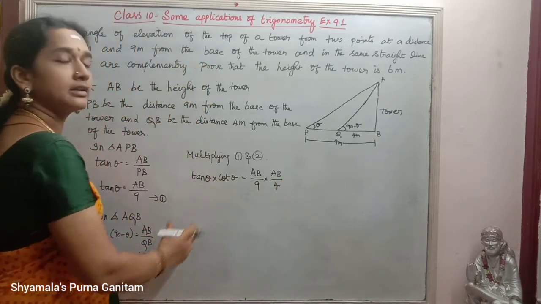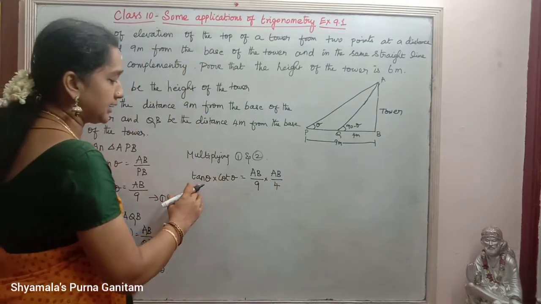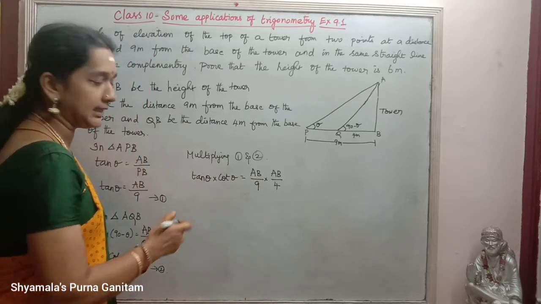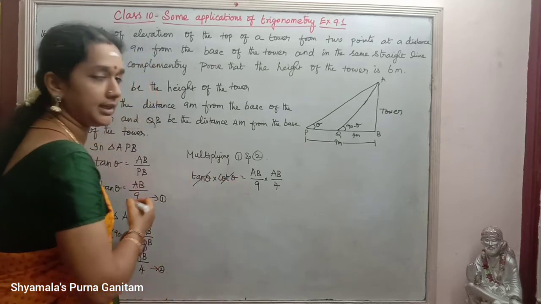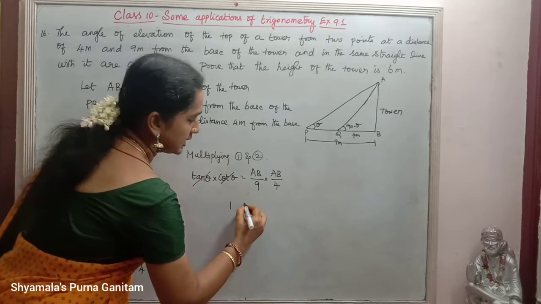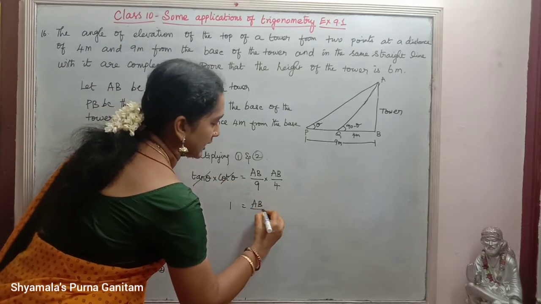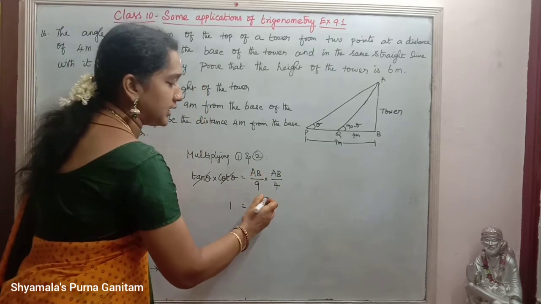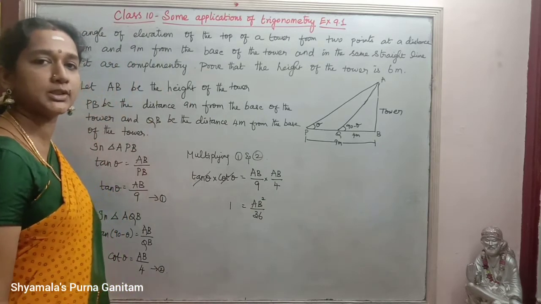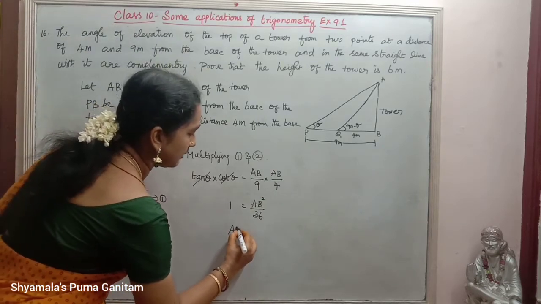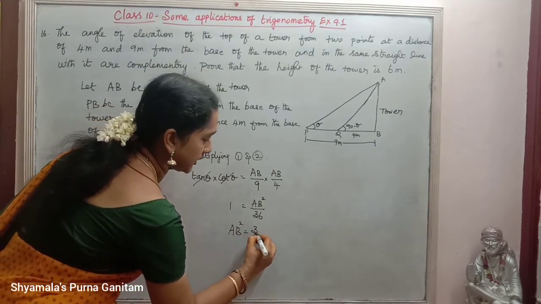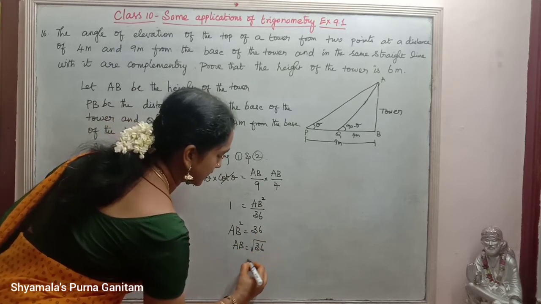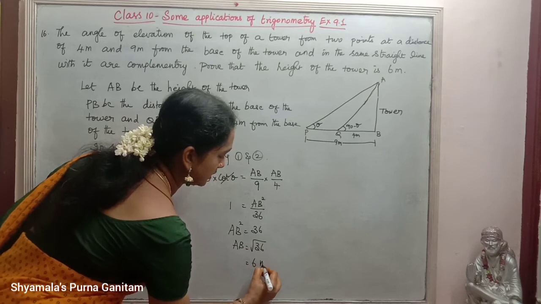Tan theta and cot theta are reciprocals, so tan theta into cot theta is 1. So we get 1 is equal to AB squared by 9 fours are 36. So AB squared is equal to 36. So AB is equal to root 36, that is equal to 6 meter.